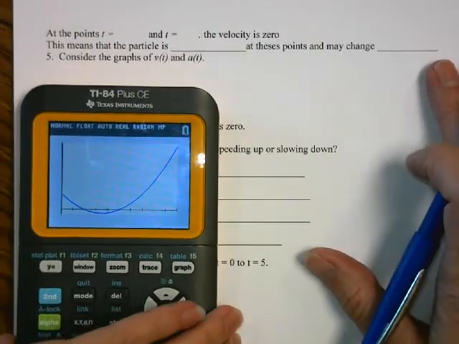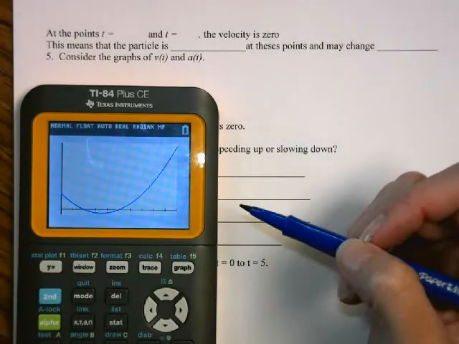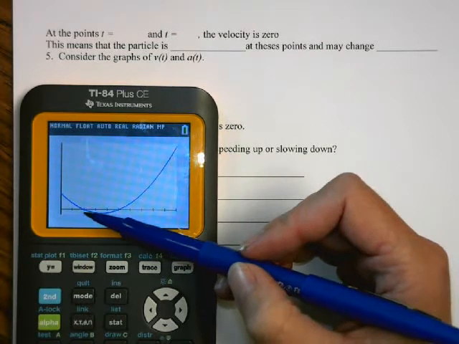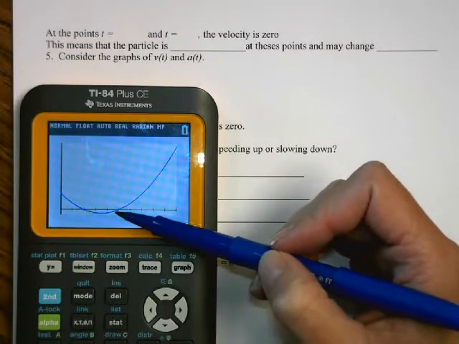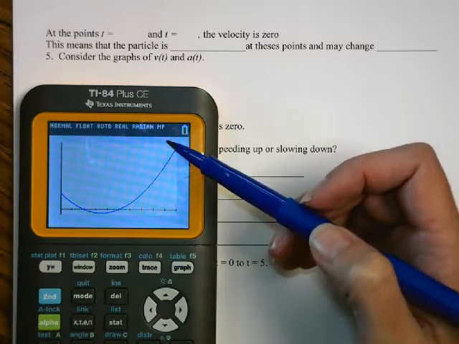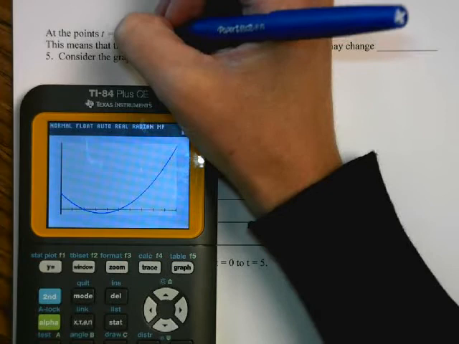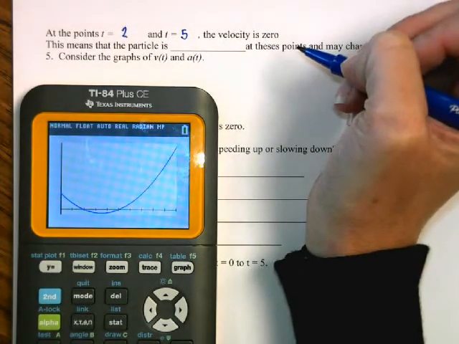It says at points t equals blank and t equals blank, the velocity is 0. That's where the graph is going to cross the x-axis, so that's going to be at 2 and at 5.